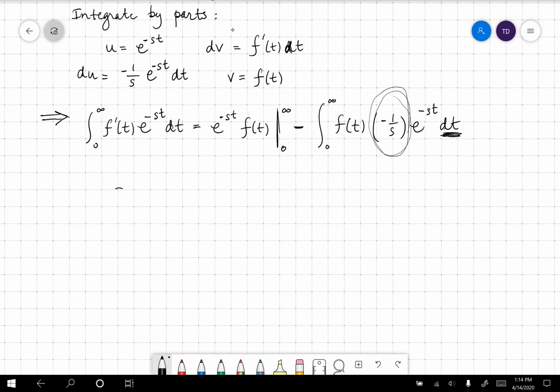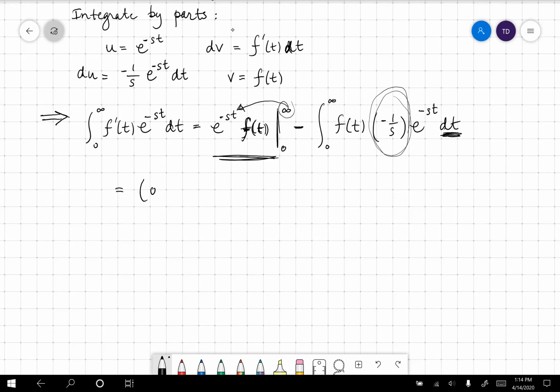Let's take the first one first. When I plug infinity in at the upper limit, I have the function f evaluated at infinity. It's a function, and evaluating it at infinity gives a finite value. Then I multiply by e to the minus infinity, that's 0.